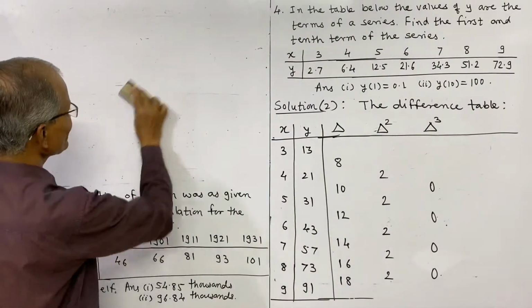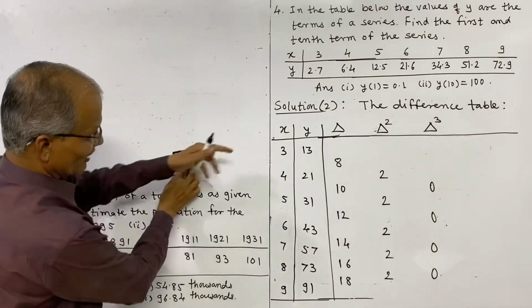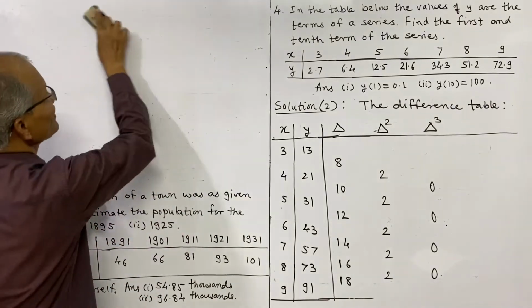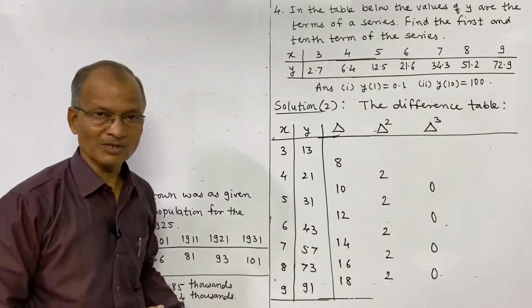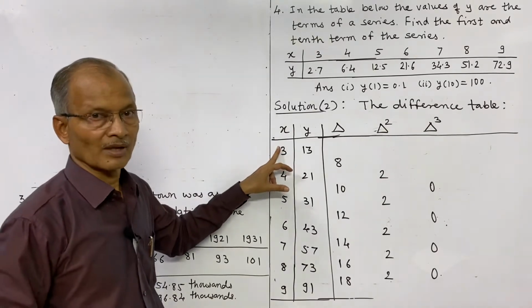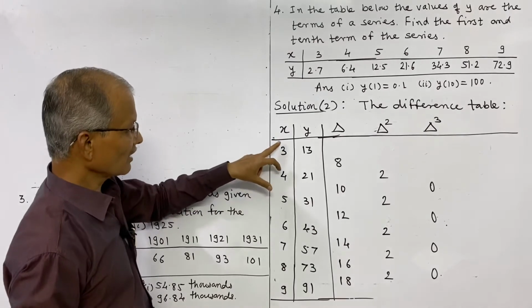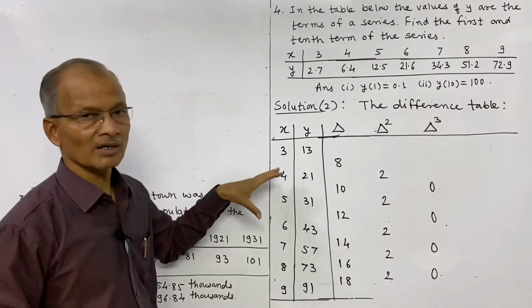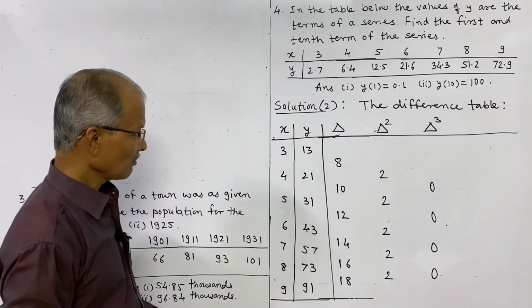The first term is close to the beginning values or end values in the table of x values? This is third term, this is fourth term. The first term is actually earlier to the tabular values, that is the given values, and therefore we should use the forward difference interpolation formula, Newton's forward difference interpolation formula.